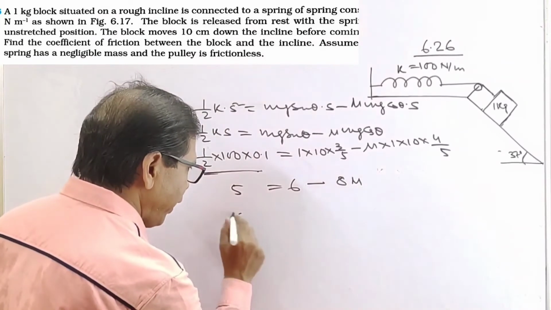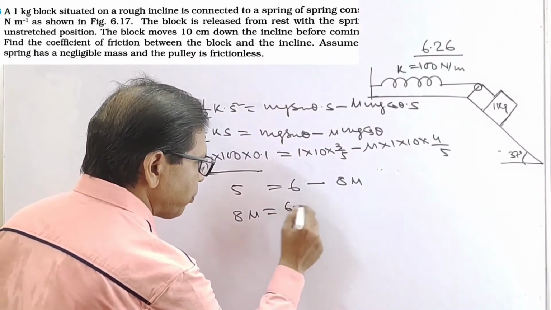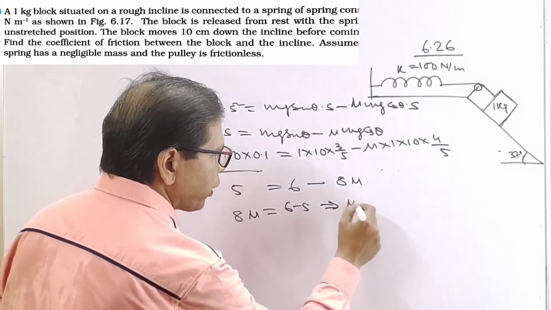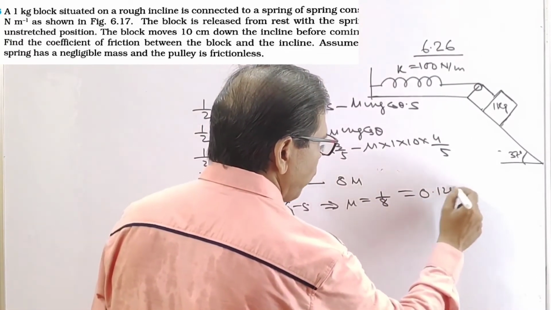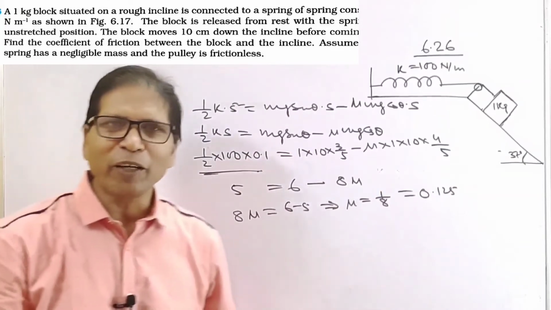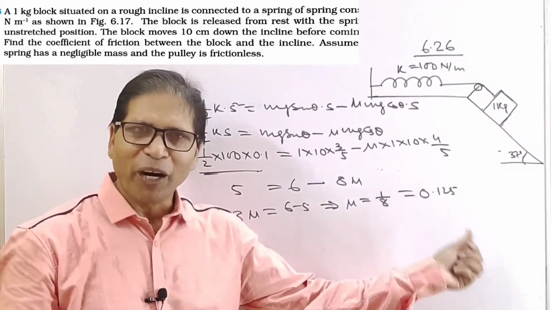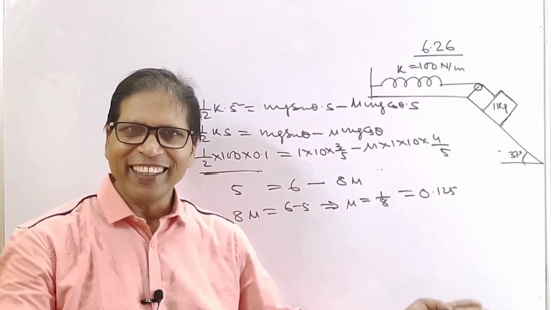So 8 mu is equal to 6 minus 5. So mu equals 1 by 8, therefore 0.125. Okay, so coefficient of friction is 0.125. Understood? Next.